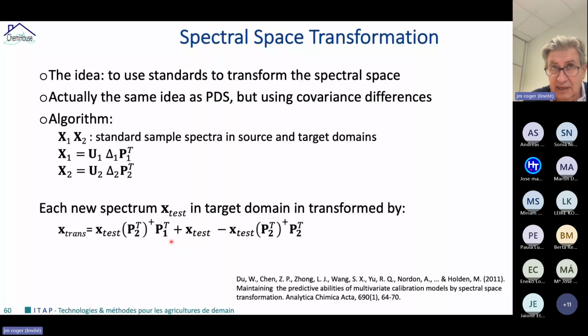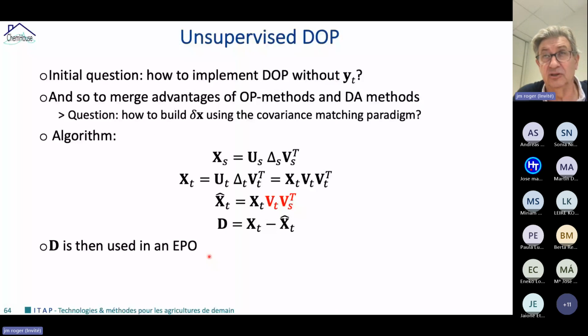In fact, you can see here that we use the inverse of P2 multiplied by P1 plus here minus P2 multiplied by P2. It's a kind of linear adjustment, in fact, but using the covariance matrices. Okay, this has been published in 2011 by Chinese researchers.